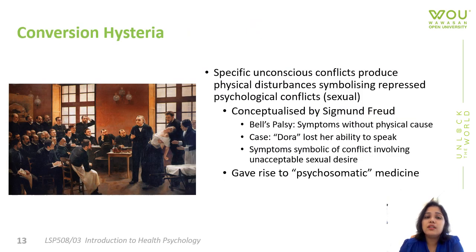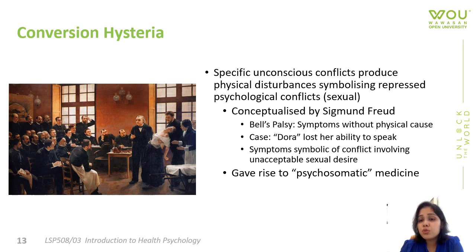Previously, conversion disorder is an example of studies that mainly looked into the medical model. In the past, Sigmund Freud, the father of psychoanalysis, mentioned that conversion hysteria is a result of repressed psychological conflicts or repressed sexual conflicts.